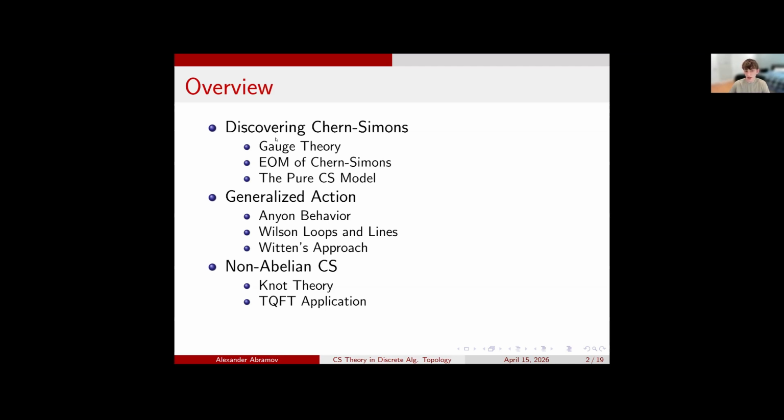And then I'll go into action in terms of anyon behavior, Wilson loops and lines, and Witten's approach. And then I'll shift from abelian Chern-Simons to non-abelian Chern-Simons, and I'll delve into knot theory for a little bit, and then show a cool TQFT application.